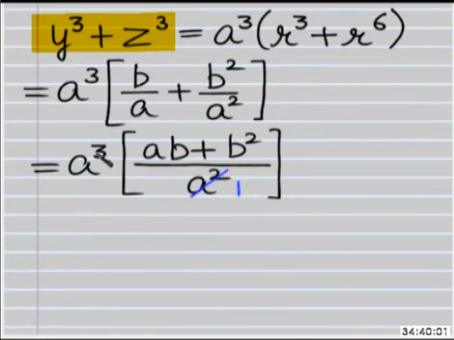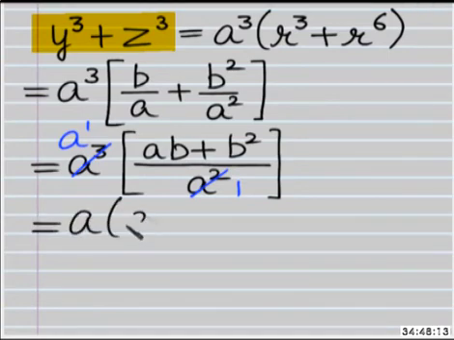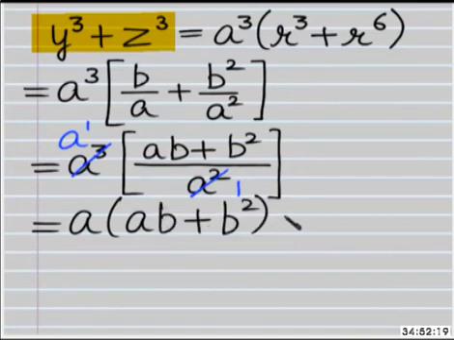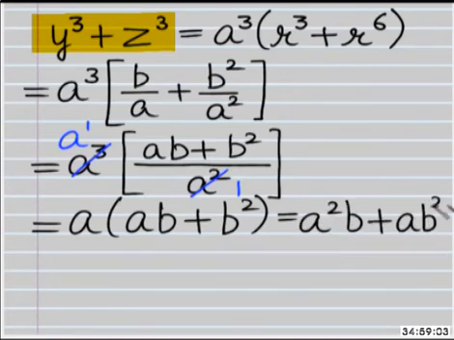On solving, it is equal to A whole multiplied by (A into B plus B square), which is equal to A square into B plus A into B square.